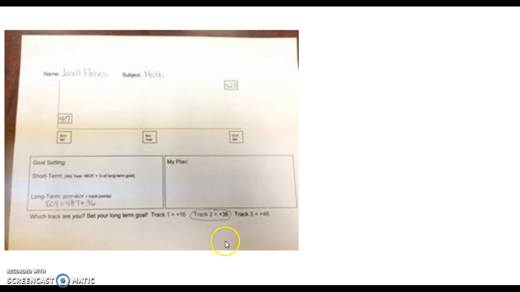So what she has done now is she has said, okay, well, what's my long-term goal? Well, if I have to make 36 points growth, then I need to say 487 was my benchmark. I'm going to add 36 onto that. She got 523 there, and she went ahead and put that number for her long-term goal.